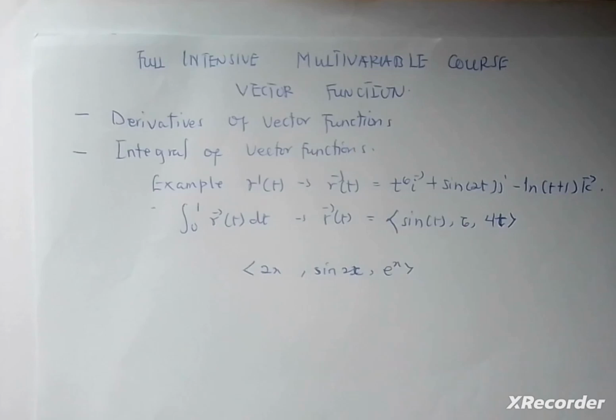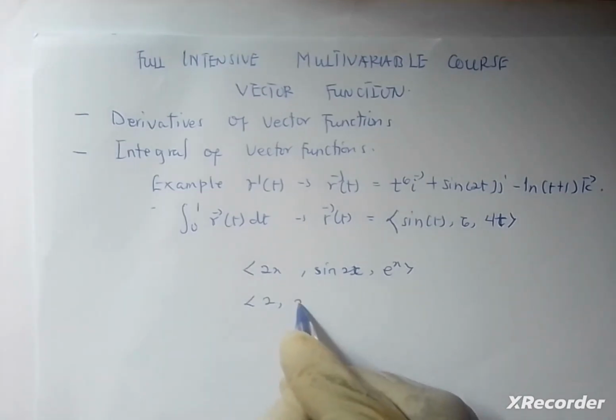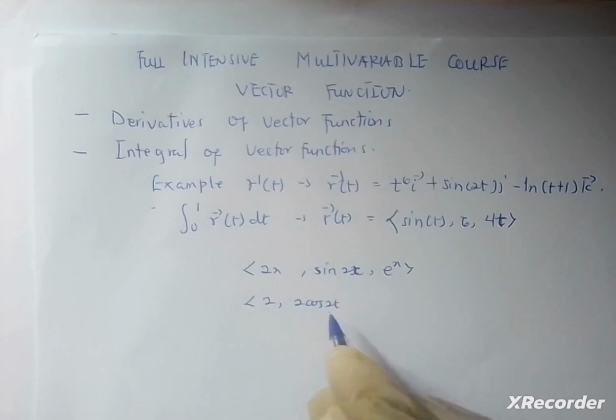So our derivative will also be a function. The derivative of 2x is 2. The derivative of sine 2x is 2 cos 2x. And the derivative of e to the power x remains e to the power x. And this is simply the derivative of vector functions.